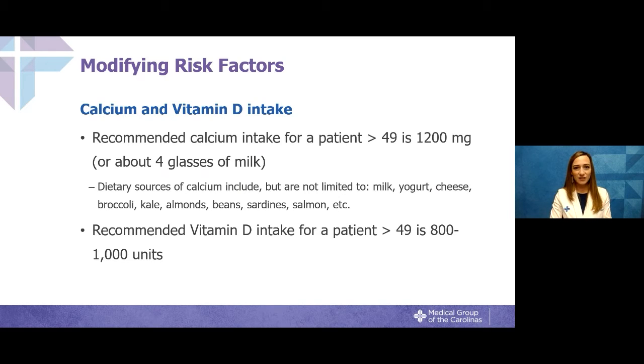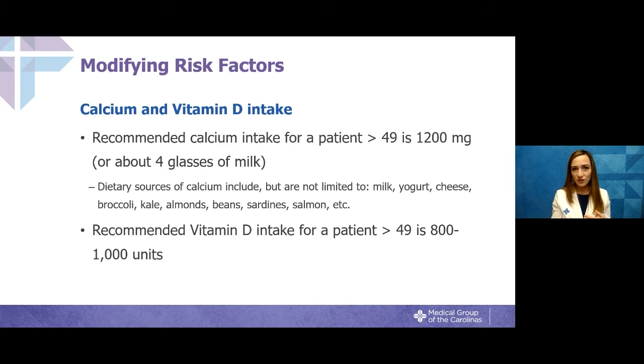So that would be equivalent to about 4 tall glasses of milk a day. I don't know about you guys, but most of us are not drinking 4 tall glasses of milk a day, right? So we need to be looking at something else. Perhaps if you're lactose intolerant, almond milk actually has more calcium in it than dairy milk does. So be reading the back of these cartons and stuff too when you start looking for alternatives.